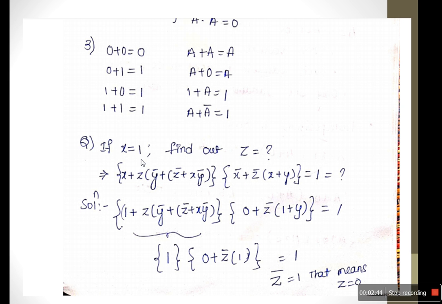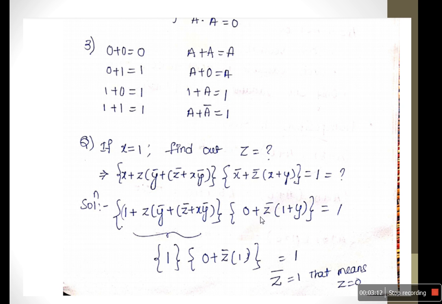Wherever you have x in this expression, you have to substitute x equal to 1. If x equal to 1, then definitely x bar equal to 0. Substituting x equal to 1, the expression becomes 1 plus z into y bar plus, within the brackets, z bar plus xy bar, and in place of x bar I am substituting 0.